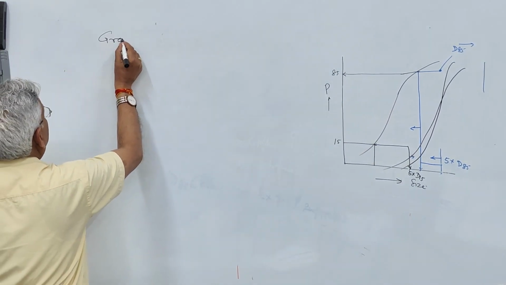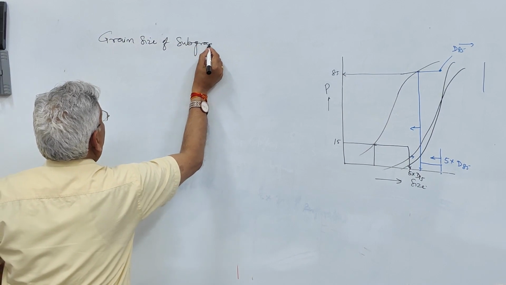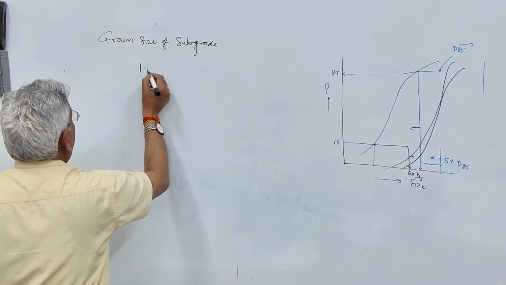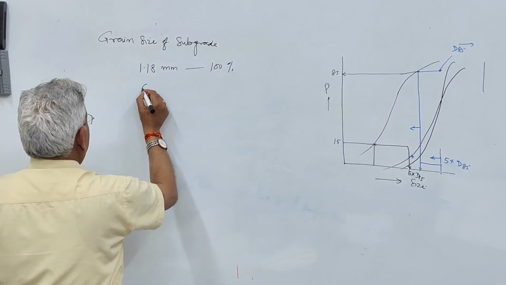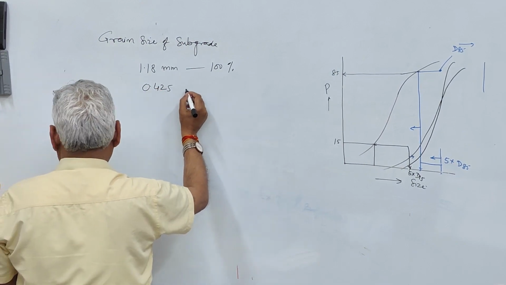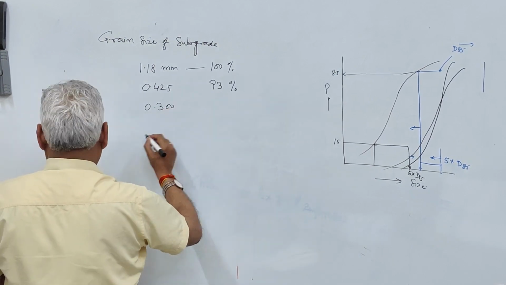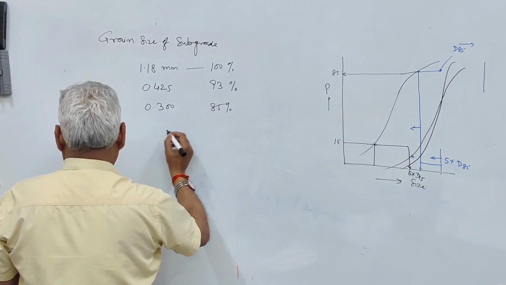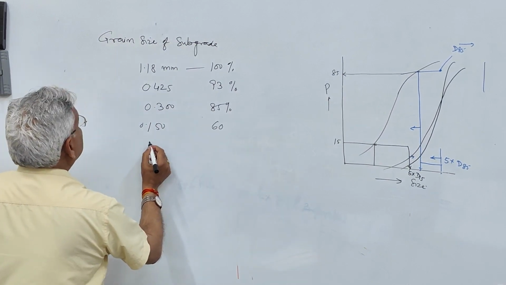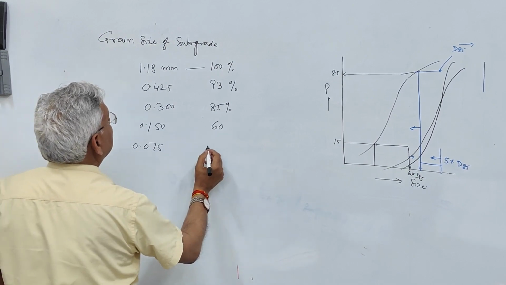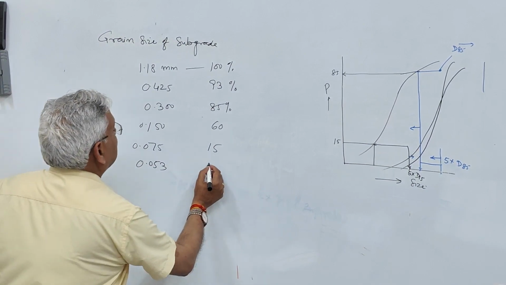The grain size distribution of the subgrade soil is given like this. 1.18 millimeter passes 100%, 0.425 millimeter, that is 425 micron, 93%, 0.3, 85%, 150 micron, let us say 60%, 0.075, 15%, 0.053, it is 7%.